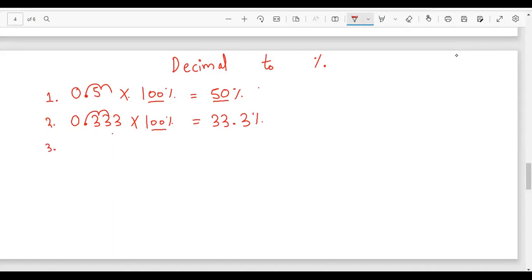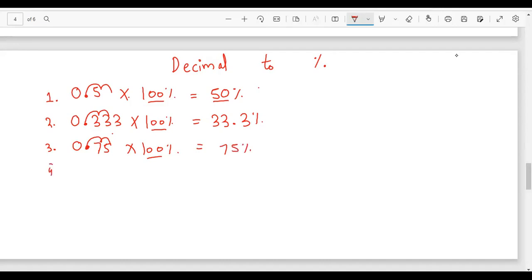Third example is, for example, you have 0.75 multiplied by 100%. So we have two zeros. Obviously, it's 100%. Every time you would be having two zeros. So all you need to do is just move this decimal 2 units to the right. Okay, 1 unit and another unit. So it would become 75%.